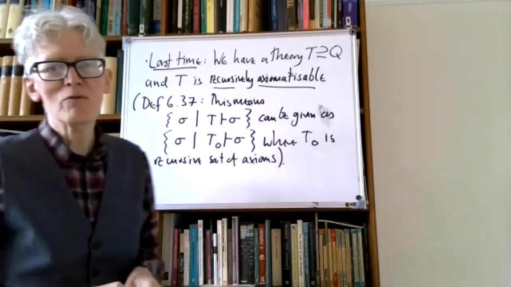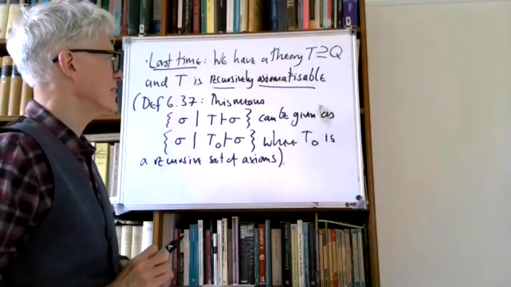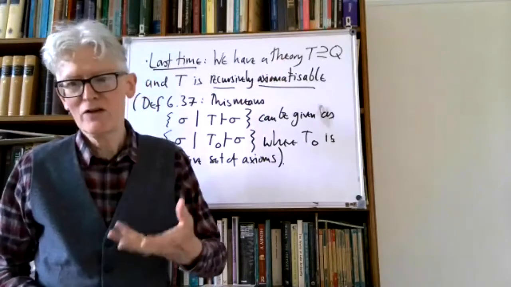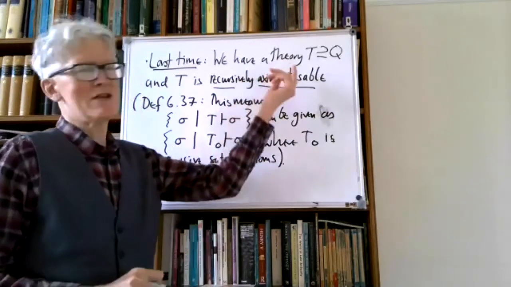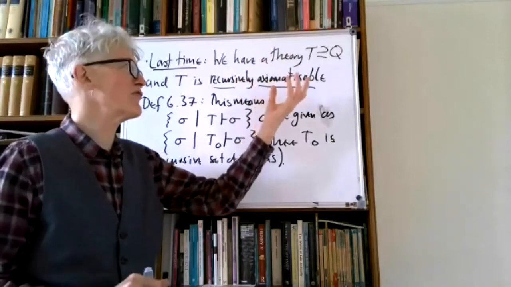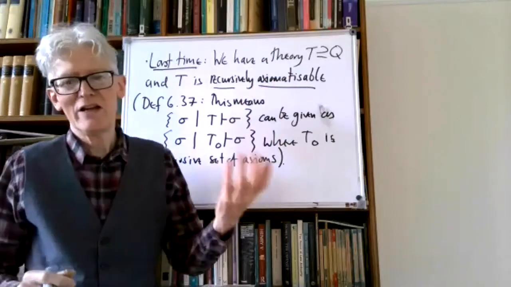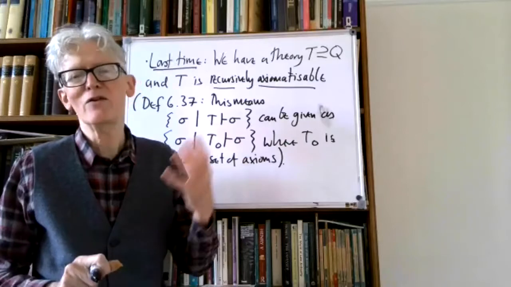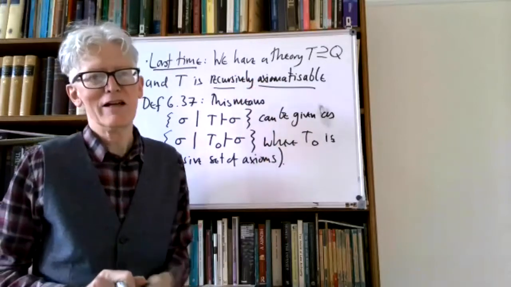And what we saw was that if you've got a recursively axiomatizable theory, one can check whether something is a proof from those axioms. One can check whether n is a code number for a proof from those axioms. Or you could give me the code number of some sigma and say, does n code a proof from T of that sigma?